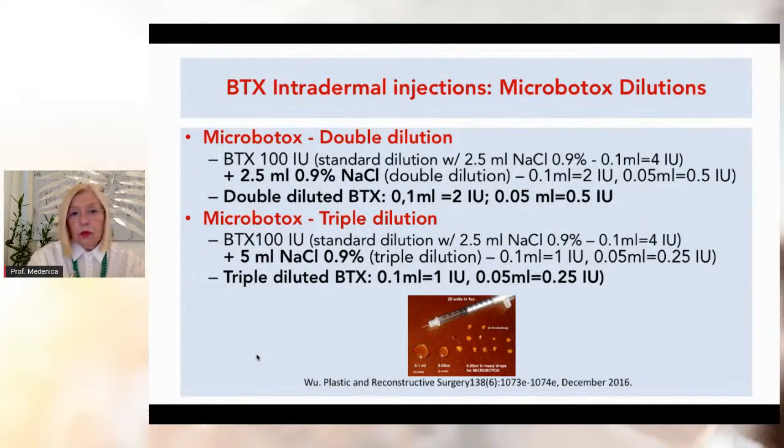How can we do microbotox? We should dilute botulinum toxin. As you know very well, botulinum toxin, for example 100 international units, is present in an Allergan bottle.